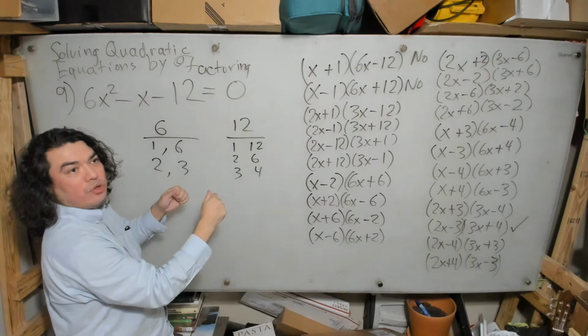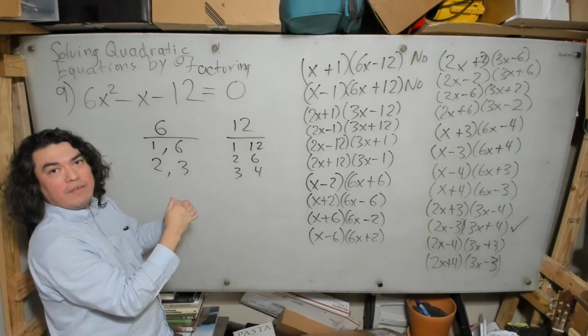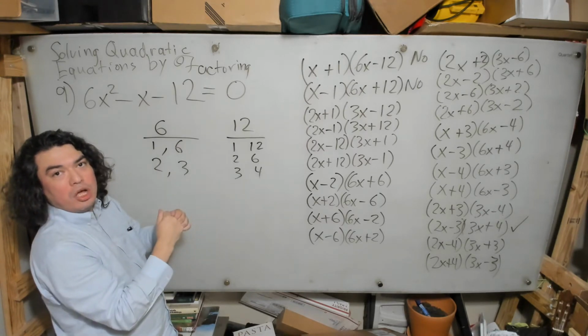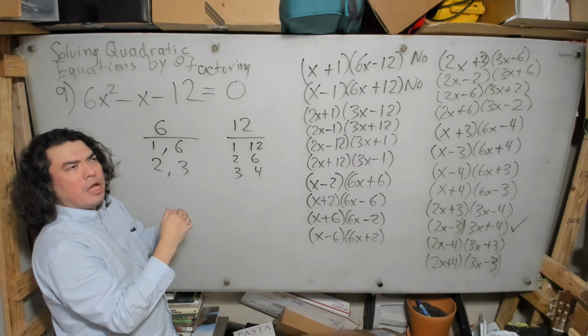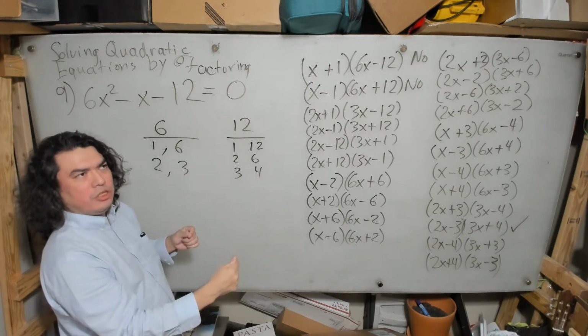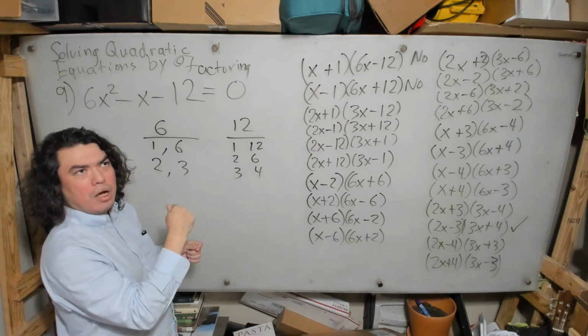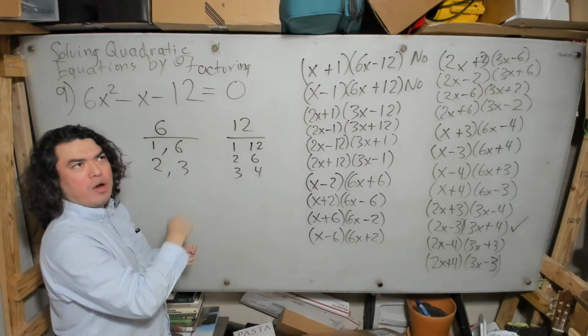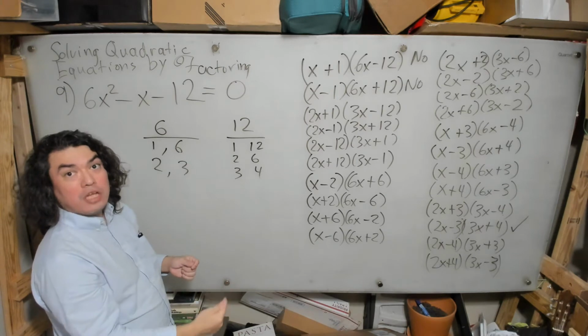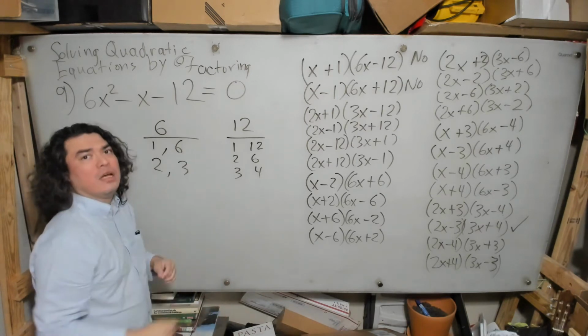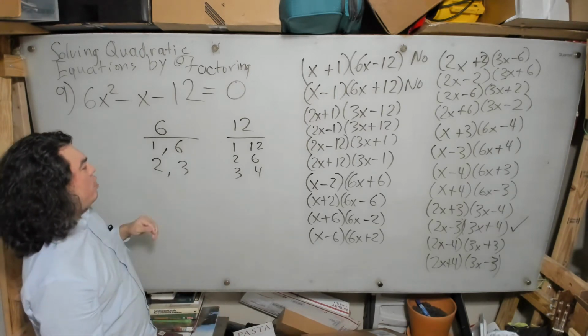Depending on which one's negative, you're either going to add or subtract them. You're either going to have negative 18x plus 4x, in which case you get negative 14x, or negative 4x and positive 18x, in which case you get positive 14x. In either case, that's not going to be near negative 1.